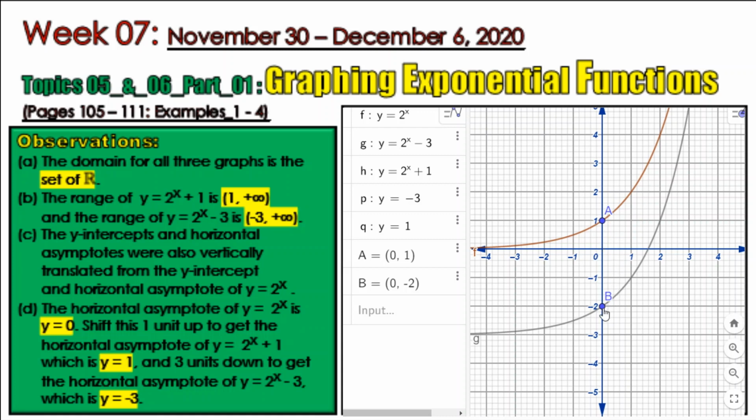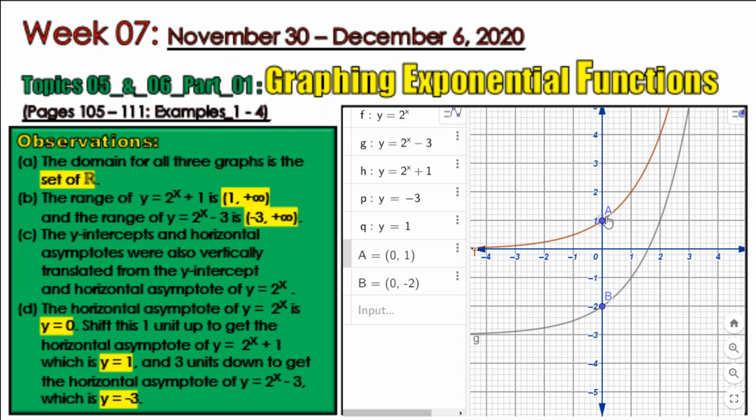So it became negative 2. From positive 1, it would be this time negative 2. So vertically translated downward.